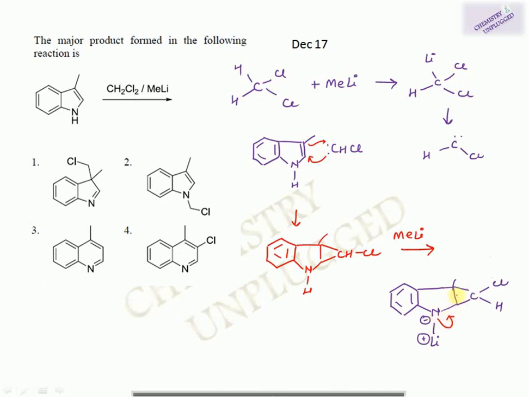So what will be formed? This ring will become a 6-membered ring. We have a double bond between this nitrogen and this carbon, and one between this carbon and this carbon. So this will be the final product, and option 3 will be the correct option.